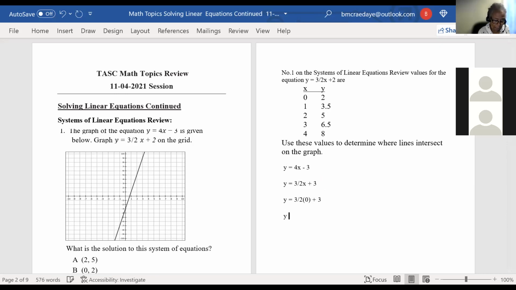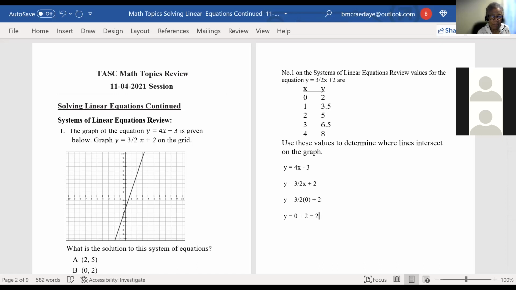So I have y equals, I'm sorry, this was a 2, not 3, 3/2 x plus 2. Any number times 0 is 0, so that would be 0 plus 2. And what's 0 plus 2? 2.